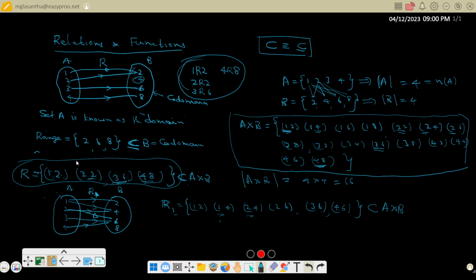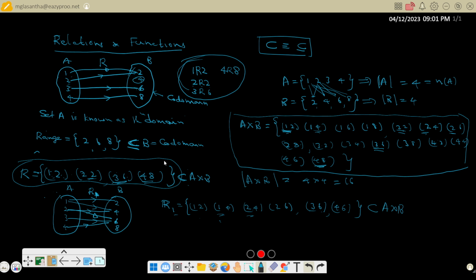Ultimately, what do you mean by that? That means if you take any subset from A cross B, that is a relation. Right? If you take any subset, that is a relation. So you can take many subsets like that.